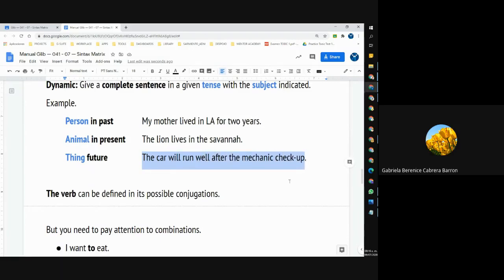Repeat. The car will run. The what? The car. The car will run well after the mechanic checkup.